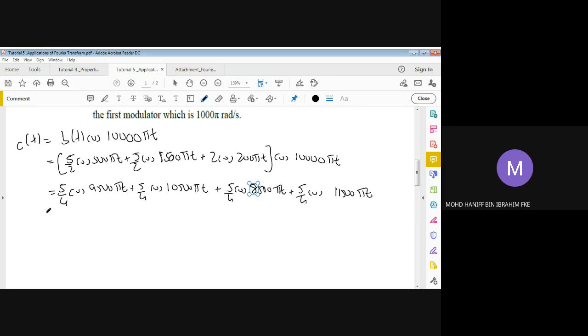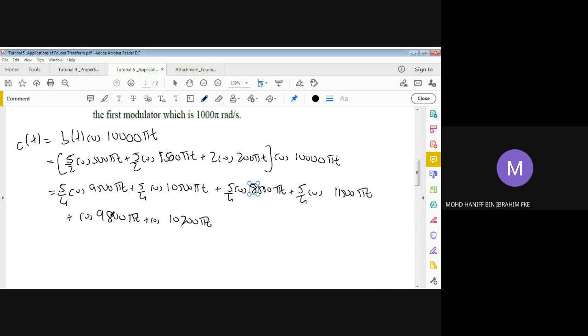And then we have another two, which are cosine of 9,800 pi t plus cosine of 10,200 pi t.